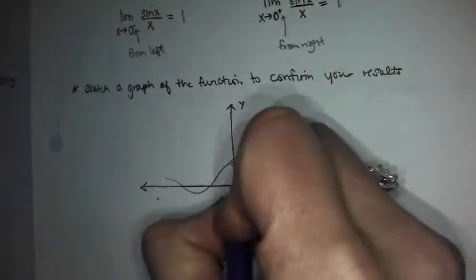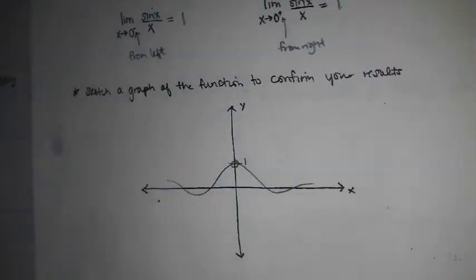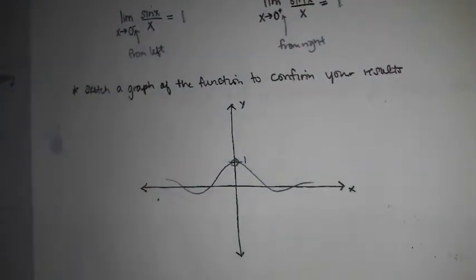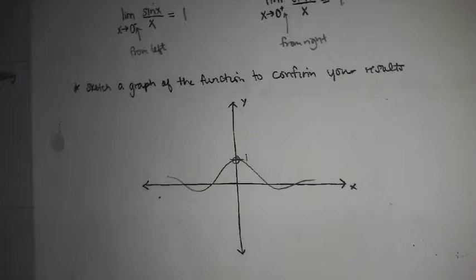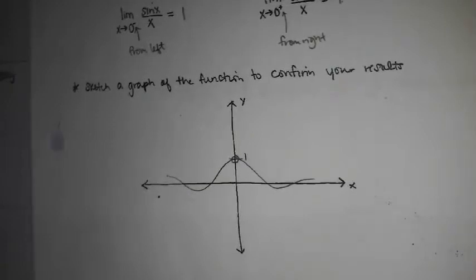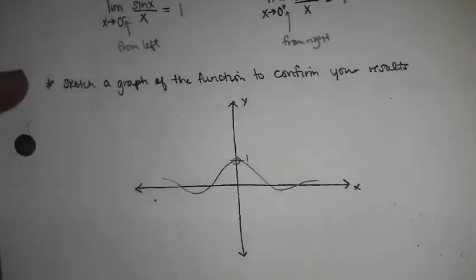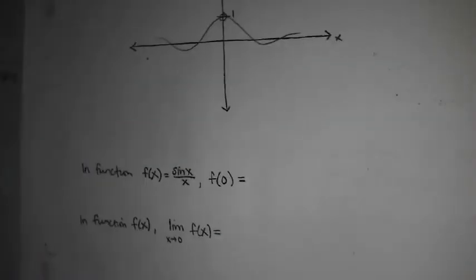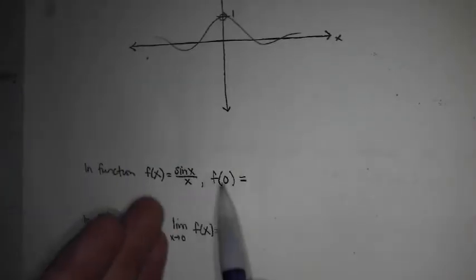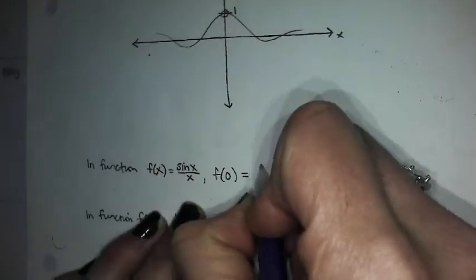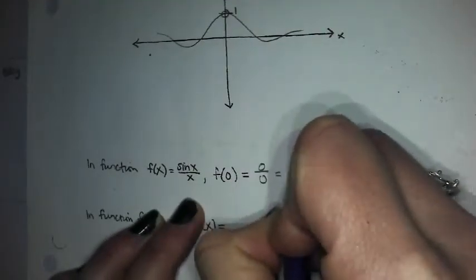And this is, we'll just put 1 so we know the value that we're at. Okay? So then we talk more about what I've already questioned you about. In the function, f of 0 equals 0 over 0, which is undefined.